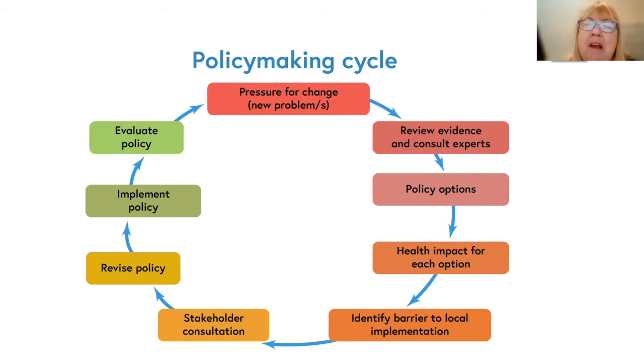So let's think about, for example, the coronavirus. The pressure for change was the fact there was an epidemic spreading. The governments looked at the evidence and spoke to the epidemiologists and the experts around infectious diseases. Out of that, they created some policy options, and they had to think about them.